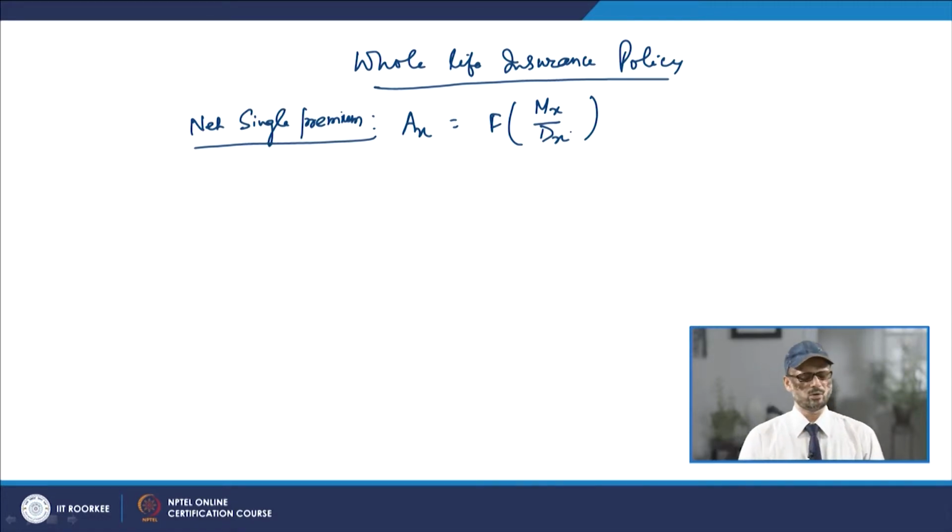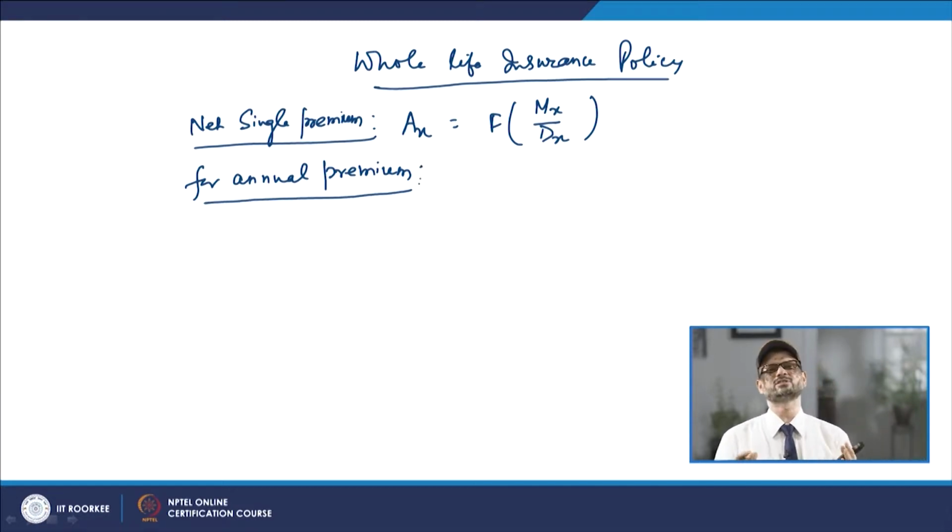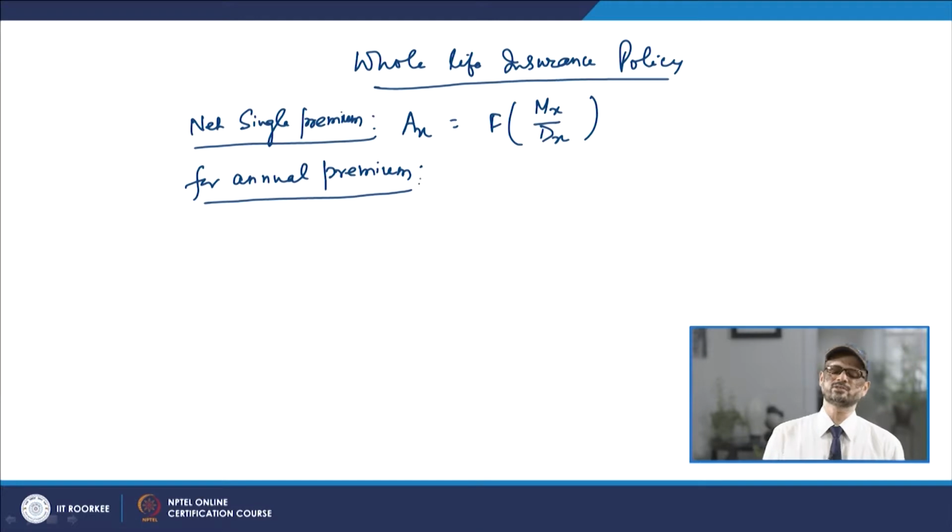Now, what happens when there will be annual premium. This is the single premium, and for annual premium, many a times the net single premium amount is quite high for a certain face value. So, in that case the person who is insured wants to pay annually.